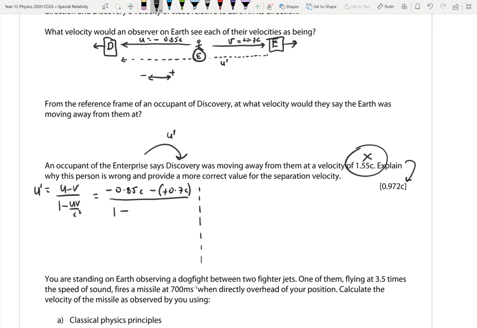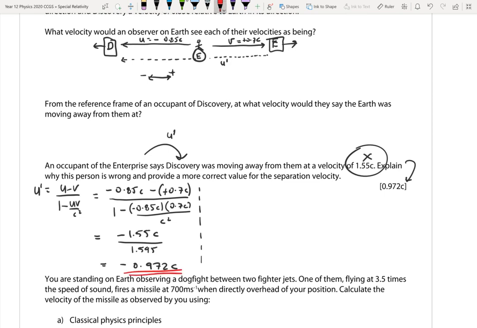Divide it by 1 minus... As you said rightly, I'll just tidy up this bracket here. You get a double negative. You'll get 0.85 times 0.7. I'm just going to do one intermediate step. We get the classical value, which is wrong, divided by 1.595. So we get negative 0.972, which is the correct answer.